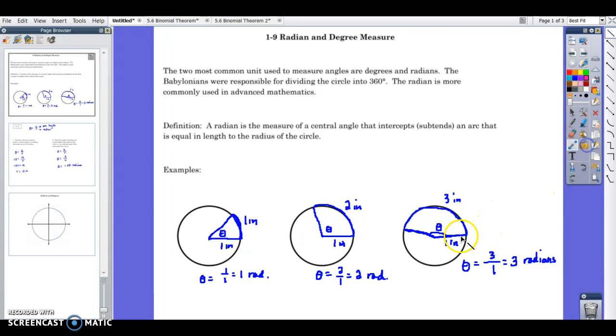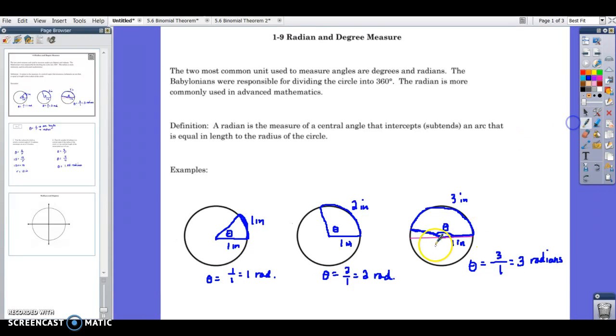However, if this angle was a straight line, it would be something like this. I didn't draw that very well, but you get the idea. It's just a little bit more than 3. Well, what number is a little bit more than 3? Well, pi. Pi is approximately 3.14.